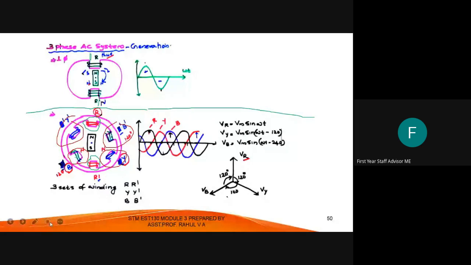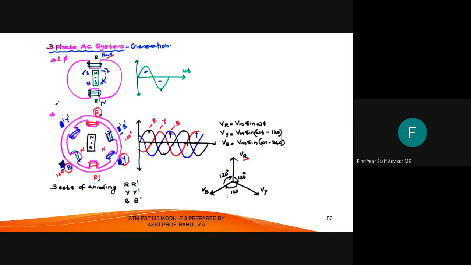And how does this work? In both generators you can see a magnet at the middle, with north and south poles. In this case the magnet is rotating. When this magnet rotates and comes near the winding, there are a lot of changes in the flux linkages.